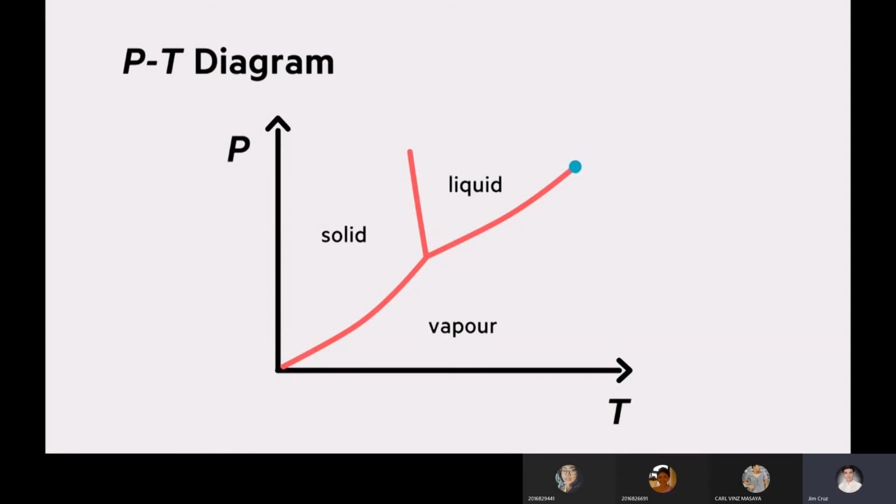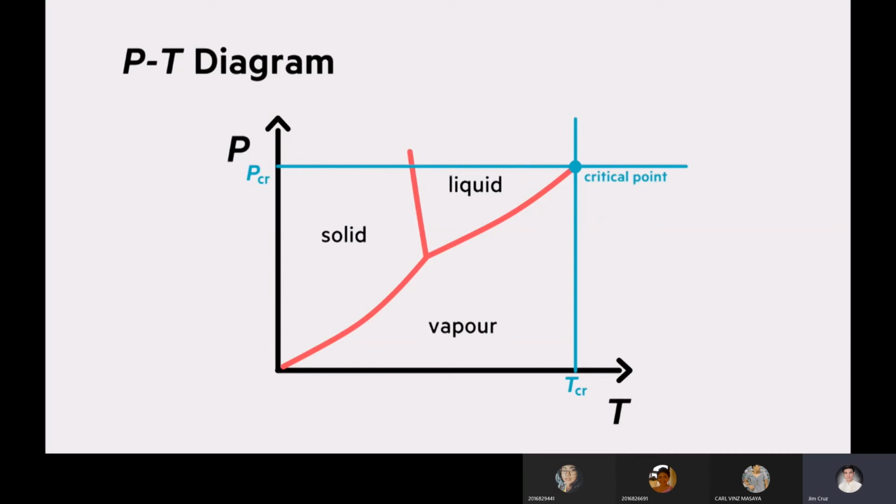The vaporization line ends in the critical point. The temperature at this point is called the critical temperature and usually gets designated the symbol TCR. The critical pressure has the symbol PCR. These values, together with the critical density, are characteristic for each substance.